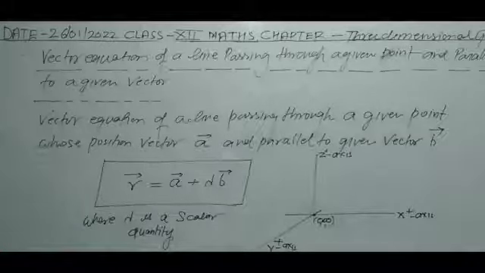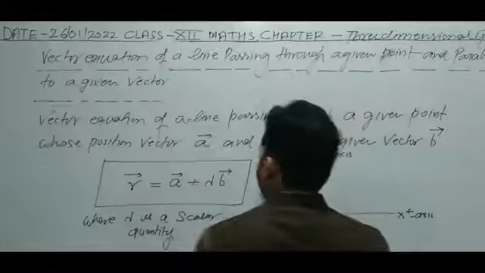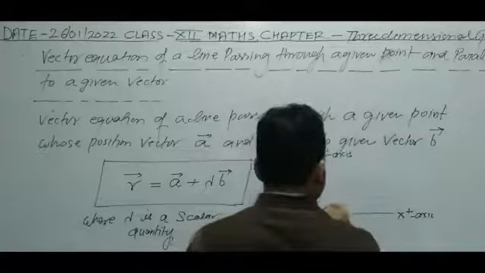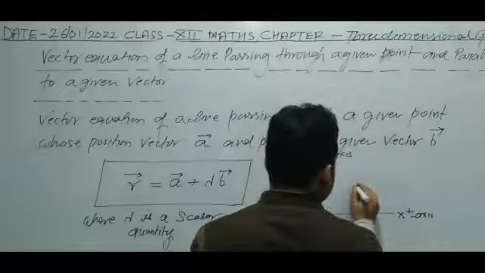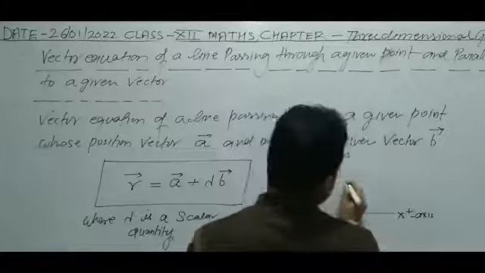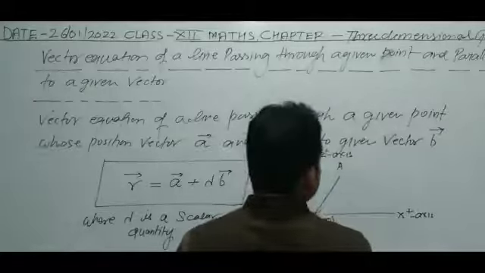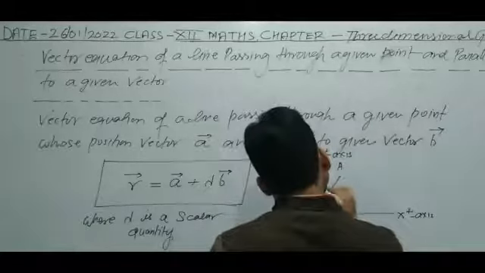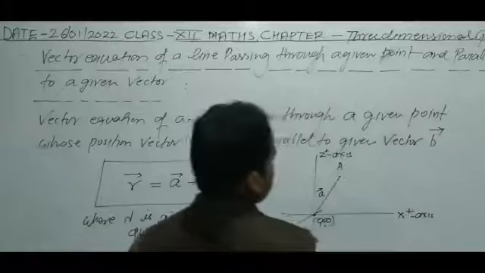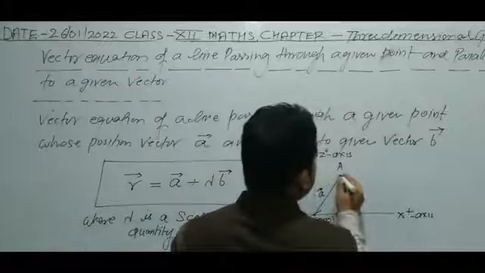Now consider any point A whose position vector with respect to the origin is vector A, and we have to calculate the vector equation of a line which passes through this point.